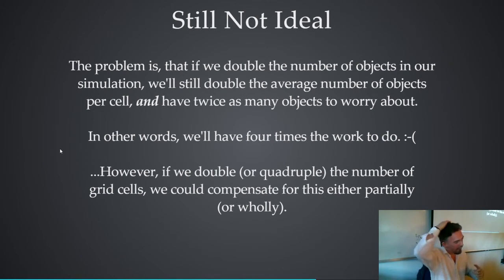As you put more and more things into the world, you can make your cells smaller. And you end up with a trade-off there. When you make the cells smaller, you've got more cells, and if you've got more cells, you need more memory to store them. So there is a memory trade-off here. But because the cells are smaller, each one has fewer things in it, so you've got fewer things to collide against. So you end up compensating for the bad performance scaling.